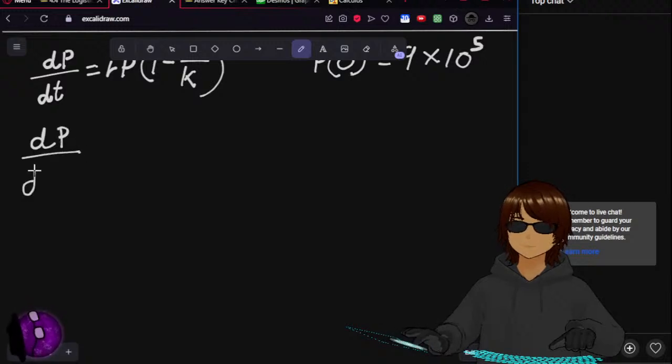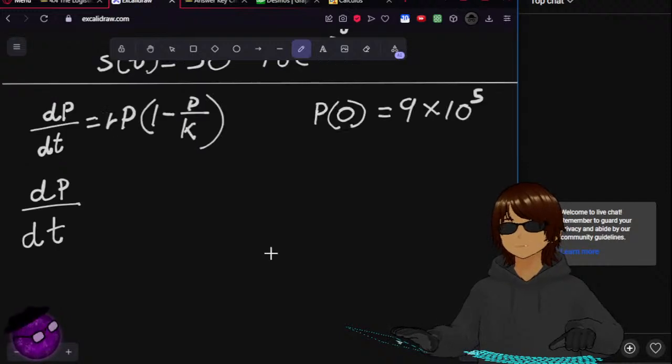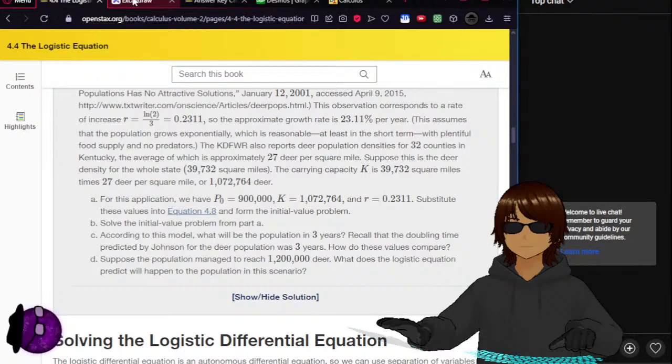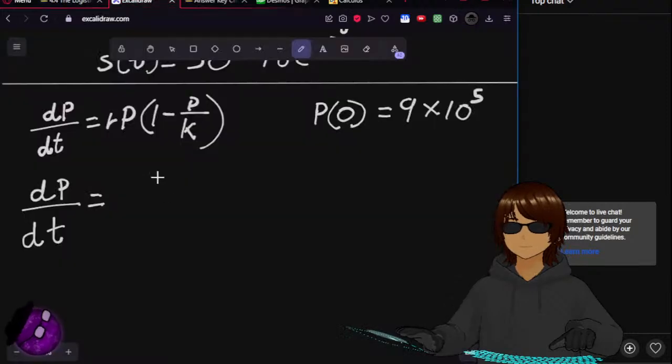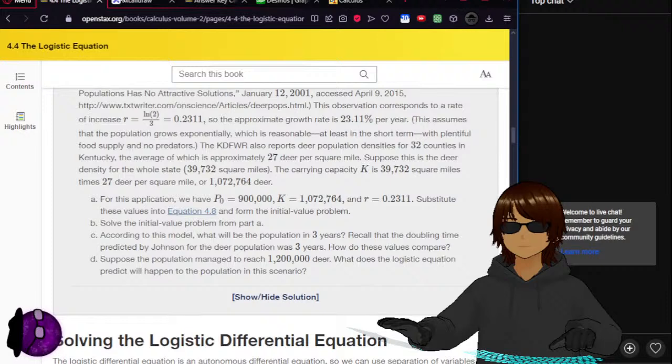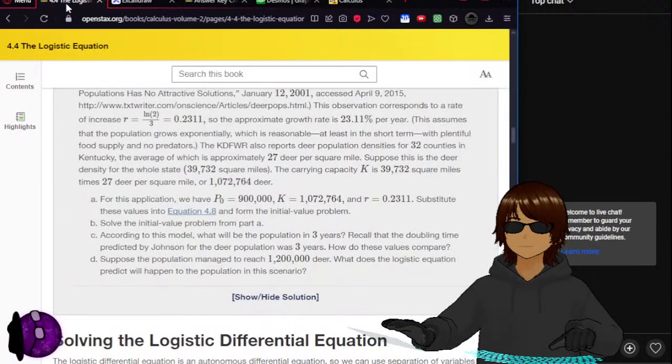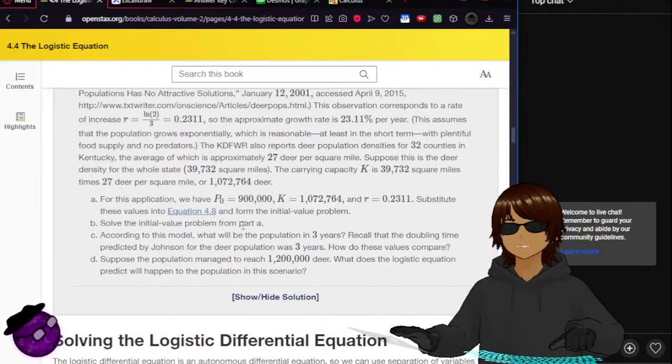Would the half-life still be the same if the equation is different? Ln of 2 over 3.